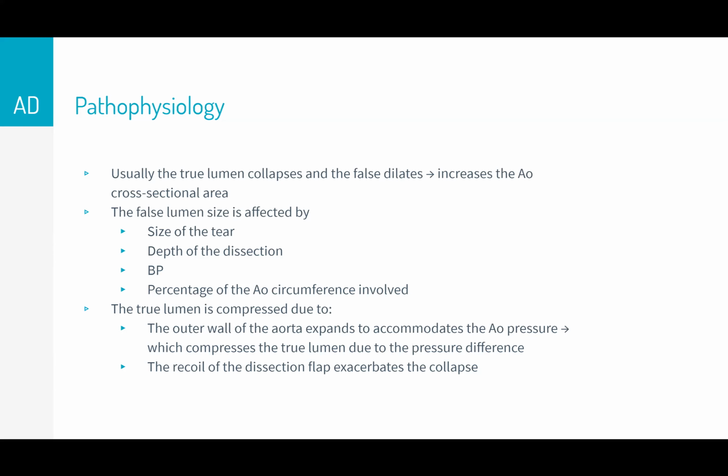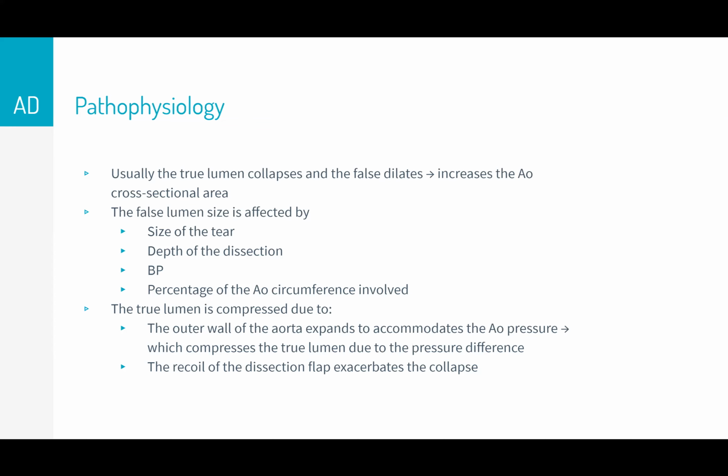The true lumen most of the time is compressed by the false lumen, because the outer wall of the aorta expands to accommodate the aortic pressure, because the adventitia and media are elastic and they can expand significantly with high pressure. So since the false lumen is in close contact with every beat, the false lumen expands and gains more pressure that causes compression of the true lumen.